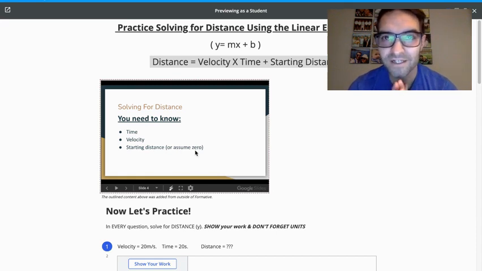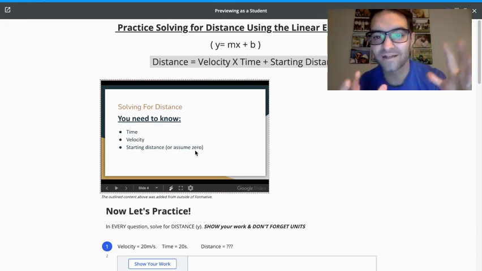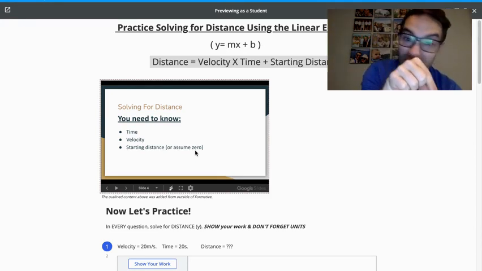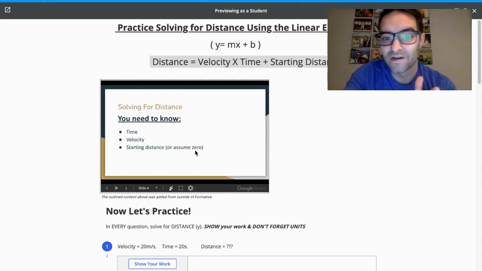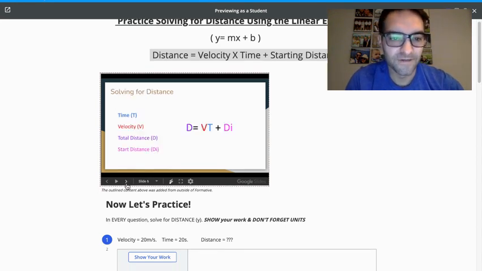If the problem scenario that we're trying to solve here in physics doesn't state, started 10 meters away, or 100 meters away, as far as a starting distance or starting point, then you are going to assume zero. Basically that means we're calculating the distance from wherever it started to where it's ended. So that's why we can assume zero there.